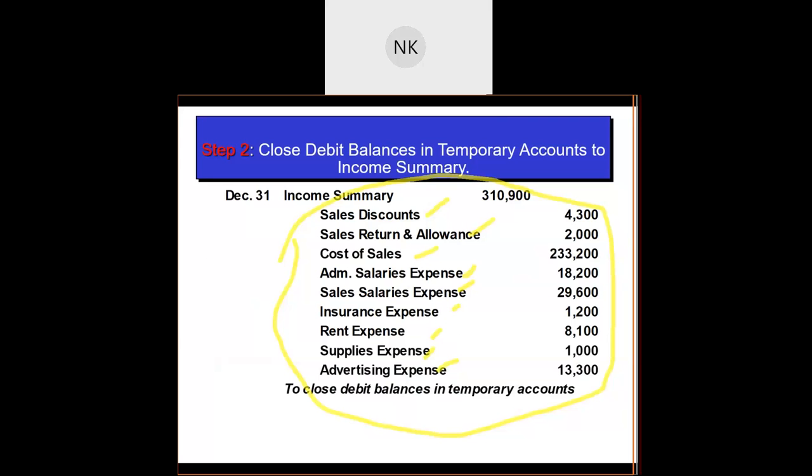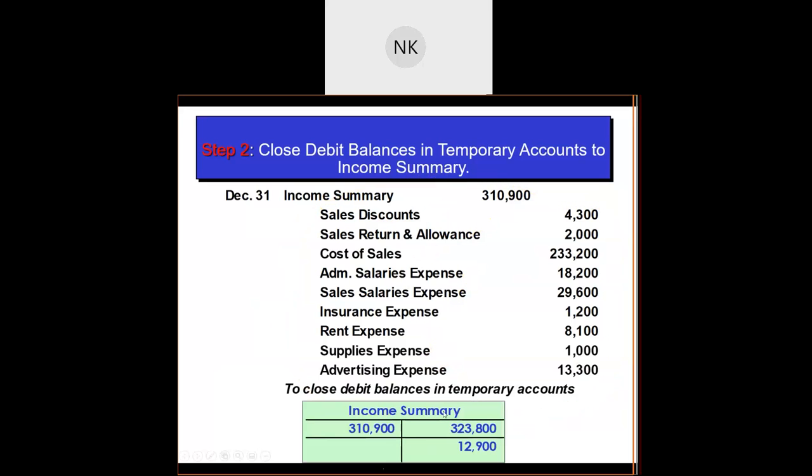Yeah. Okay. Let me show you. If you see here, the sales we put here, right? The amount of all the expenses or all the debit items totaling up to 310,900 is your debit item. So you put it on this side.